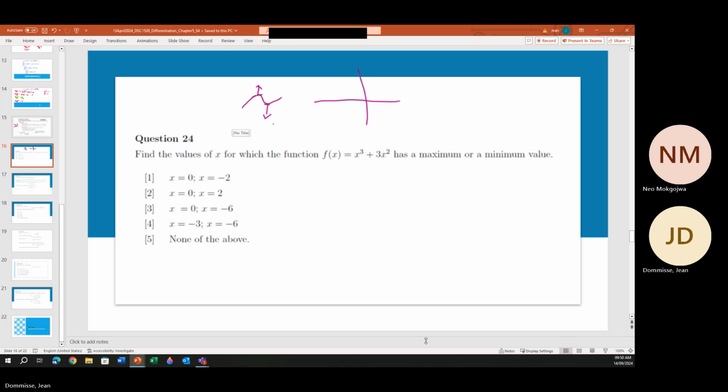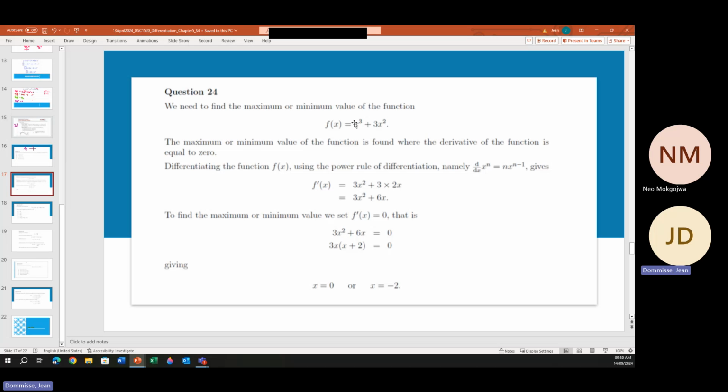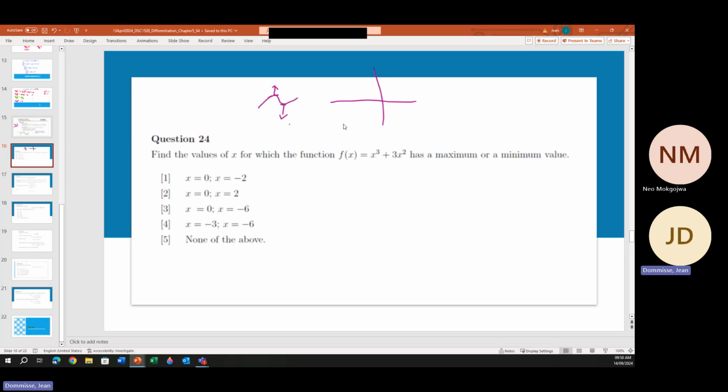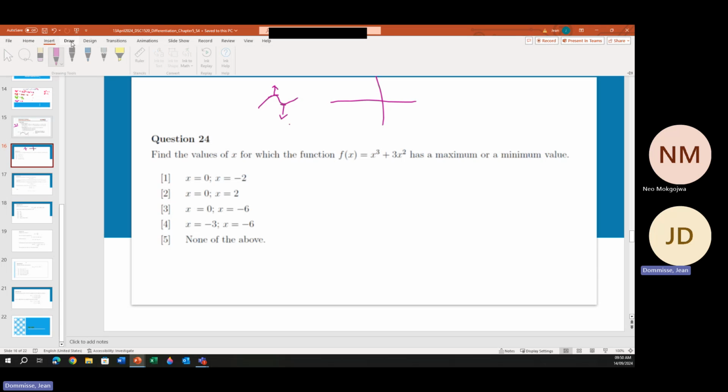So the easiest way to work that out is first to factorize. Let's quickly see what I would have done. Let me quickly draw this.